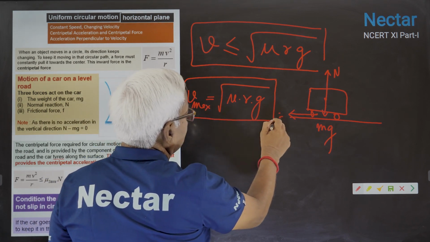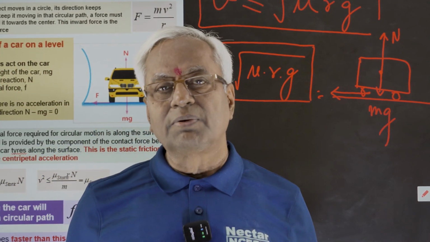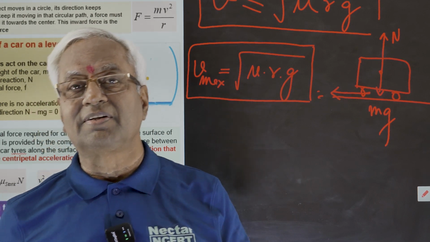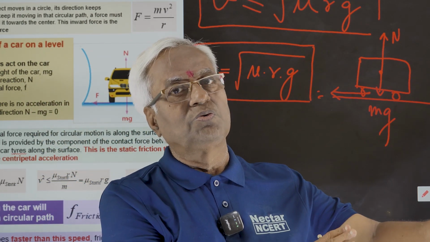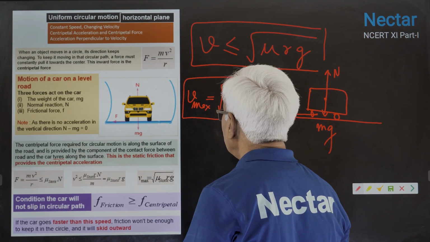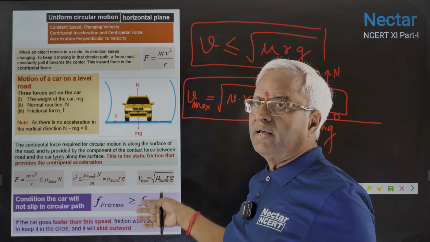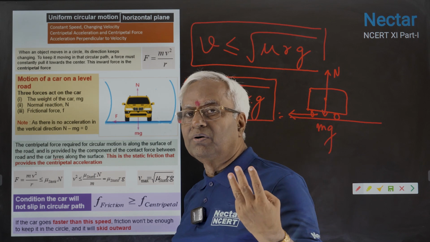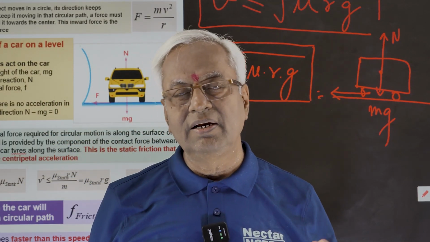If the velocity exceeds, something undesirable is likely to happen. That means the vehicle might skid outward, and that way one has to take the precaution. This is the limit of velocity, and the forces that we have considered are mainly three only, that is normal reaction, weight and static friction.